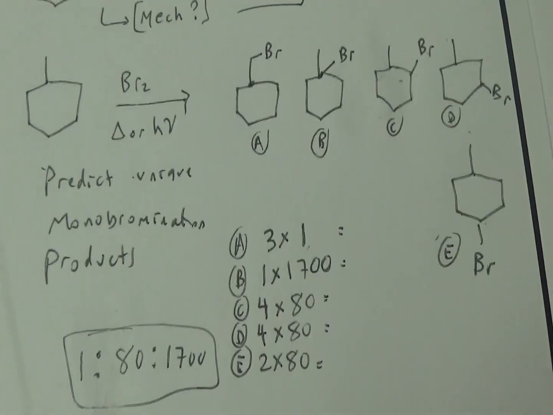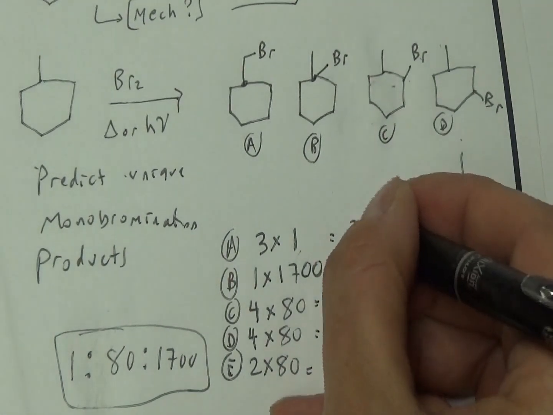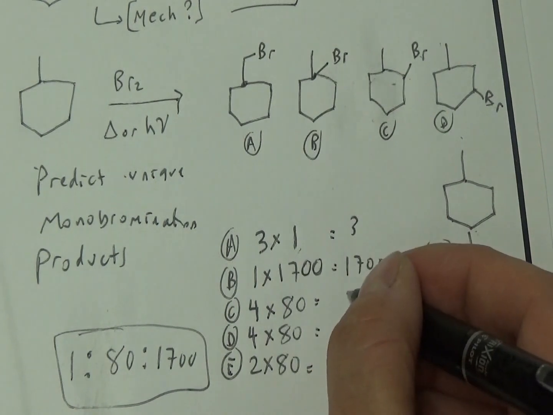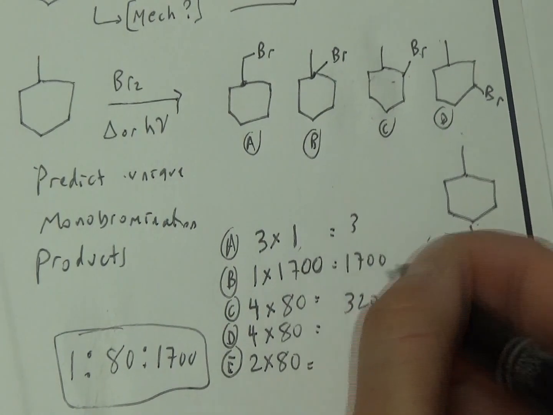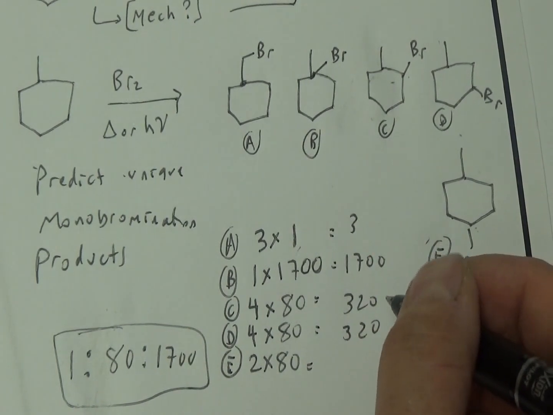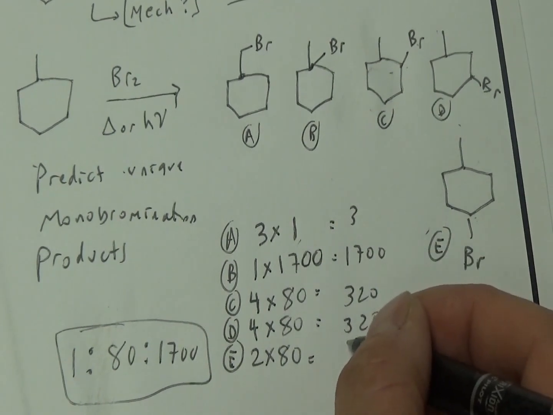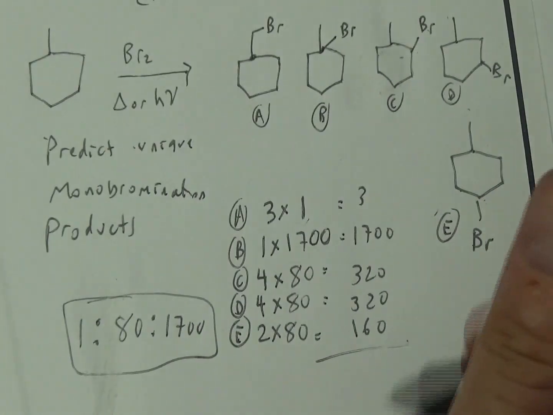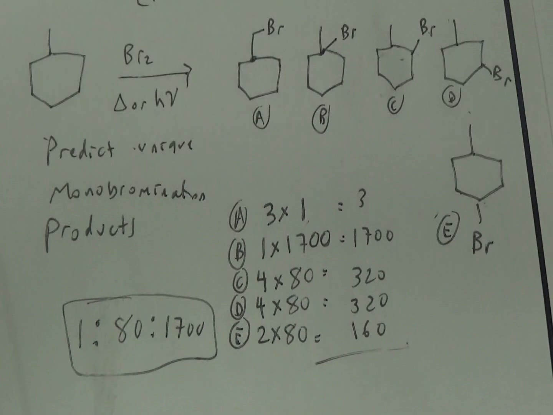You do the math, get a calculator out. 3, 1700, 4 times 80 is 320, 320, and 160, right? Now you sum them up. What's the summation of those?